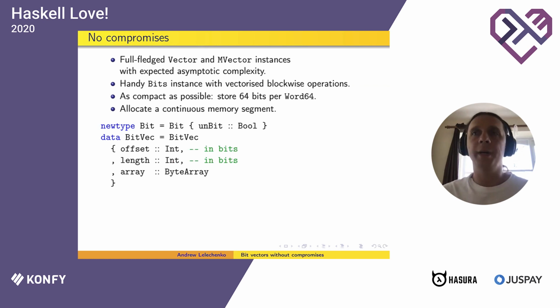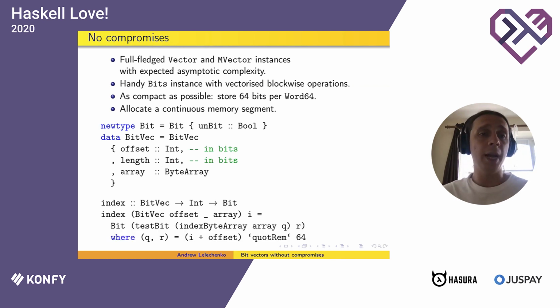This looks all quite simple, and we can easily implement indexing in this structure. If we want to get the value of the i-th bit in this BitVec, we need to determine its actual position. So we need to determine in which word it is allocated. We add i to the offset, and we divide it by the word size.